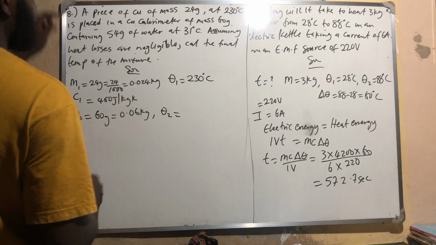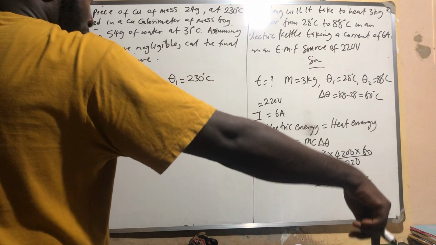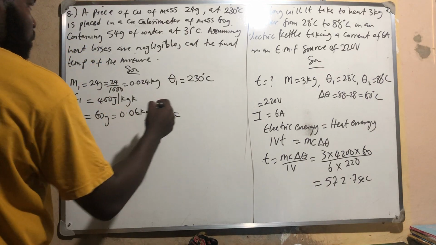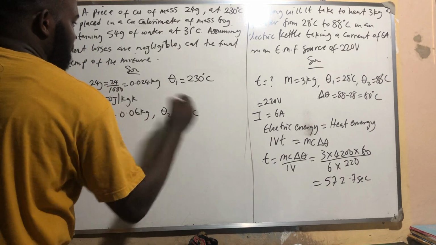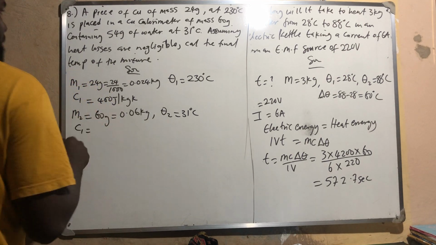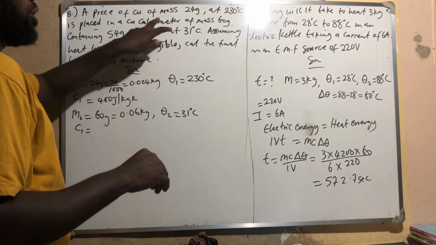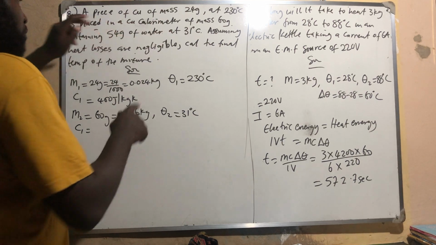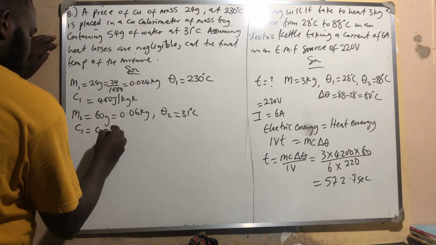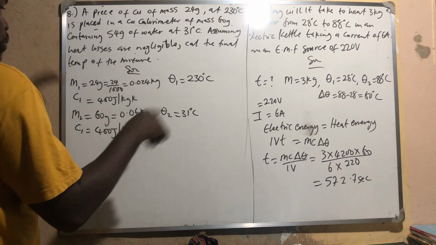The temperature of that calorimeter is the temperature of water, because once you put the calorimeter inside the water, it will be showing the temperature of that water, which is 31 degrees Celsius. And then C2 is the specific heat capacity of the calorimeter. But that calorimeter is copper, so the specific heat capacity will now be 400 joule per kg per Kelvin. Okay, we are done with 222.